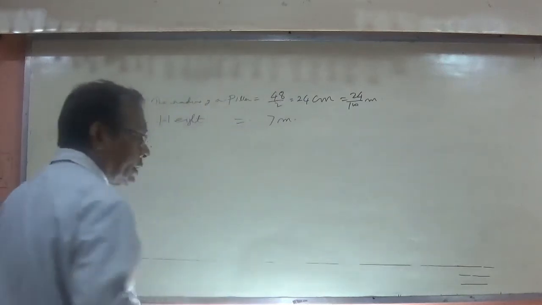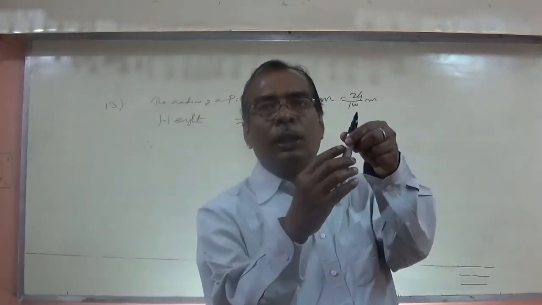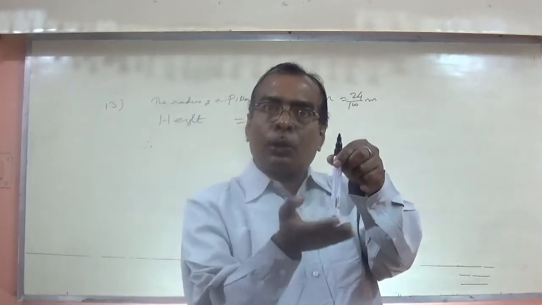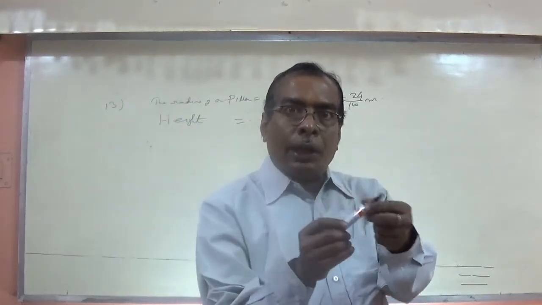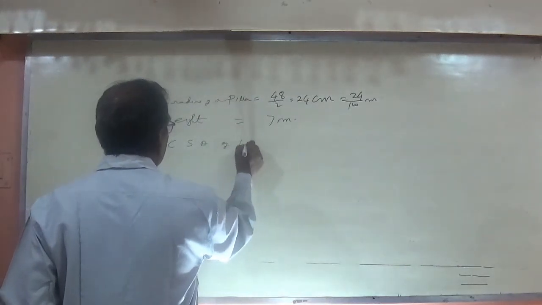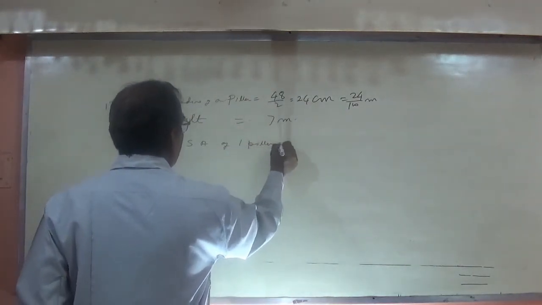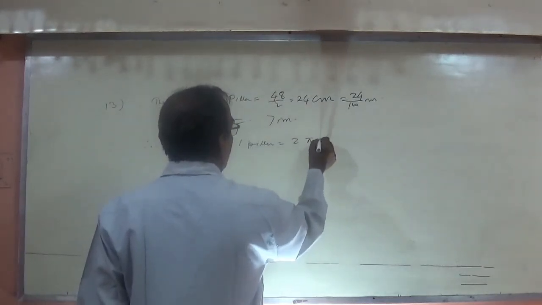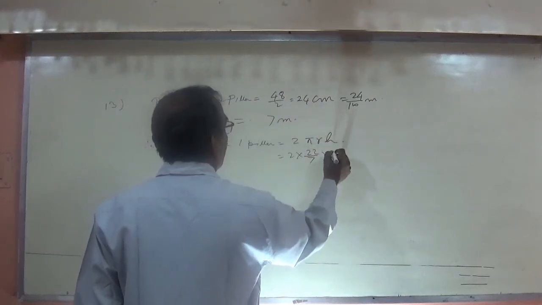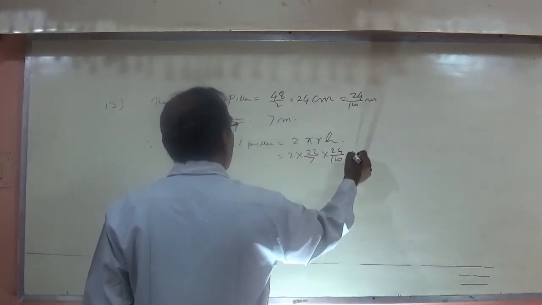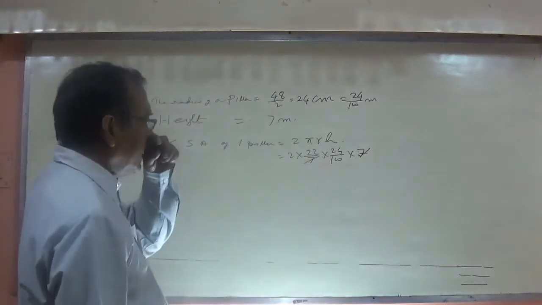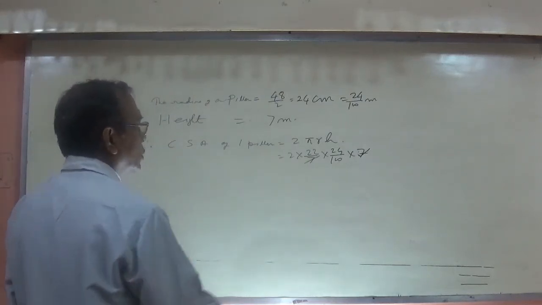Obviously, if you are going to paint this particular pillar, which portions are you going to paint? The curved surface area; the lower part and upper part are covered by the floor and the roof. So the curved surface area, CSA of one pillar, is equal to 2 pi r h, which is 2 into 22 by 7 into r, 24 by 100, into height 7. The 7s cancel.